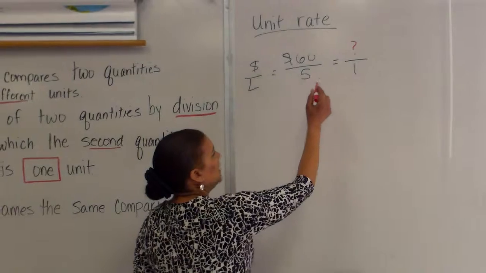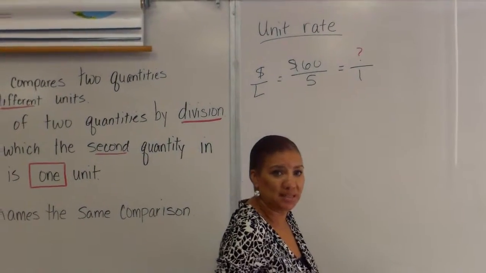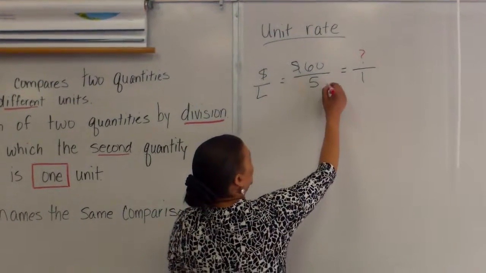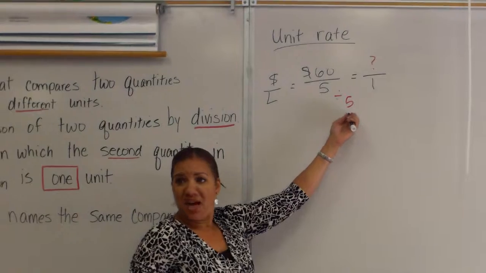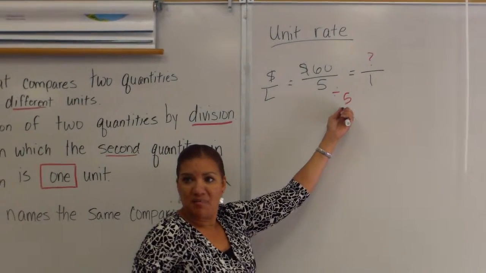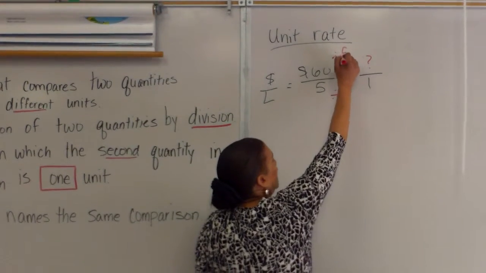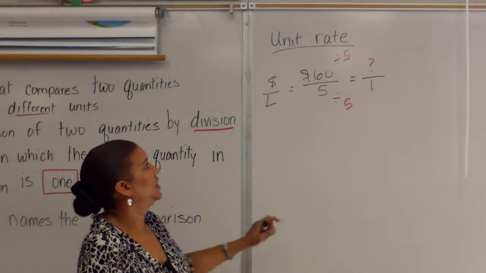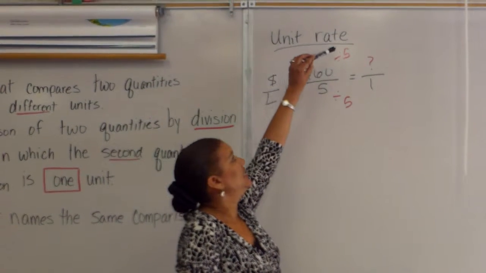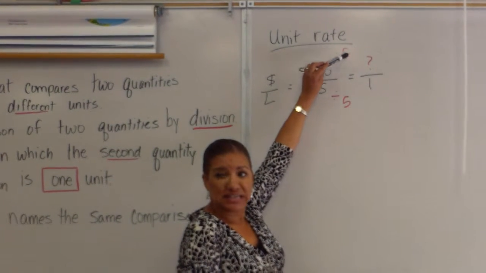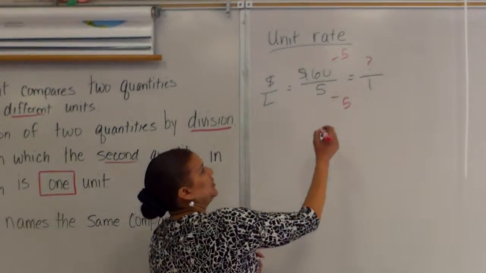Caleb, what is 5 divided by what equals 1? 5. Okay, 5 divided by 5 equals 1. Whatever I divide by on the bottom, I have to divide by that number on the top. Thank you very much. So, Amaya, 60 divided by 5 equals 12.